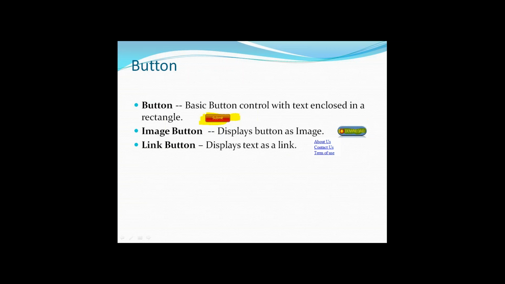Good. A third type of control is called your link button. Okay, so if you want to display the text as a link, sometimes you may want to display it as a hyperlink, or sometimes you may want to perform some action on click of that link, anything. Okay, but you wanted just to focus on the text of the button, but you don't want to display any other shape or image apart from that.